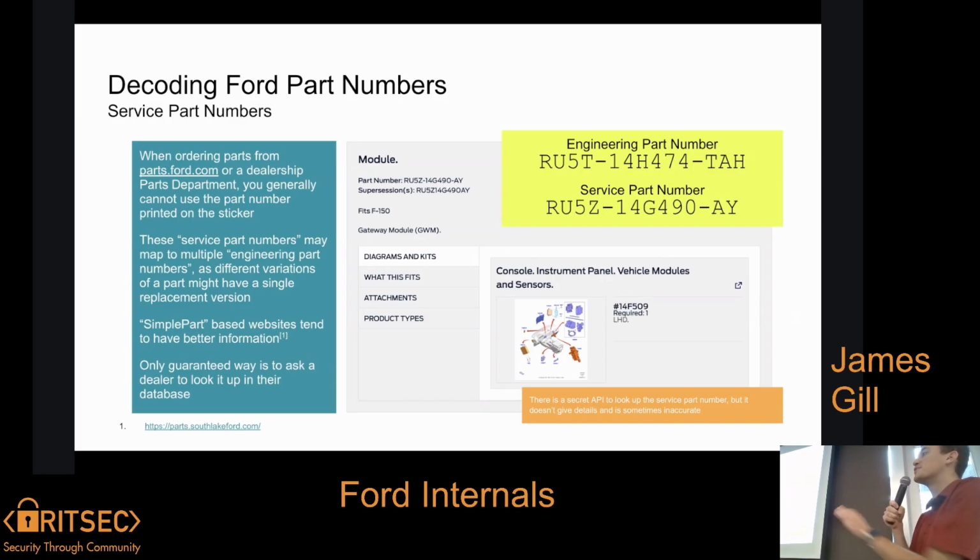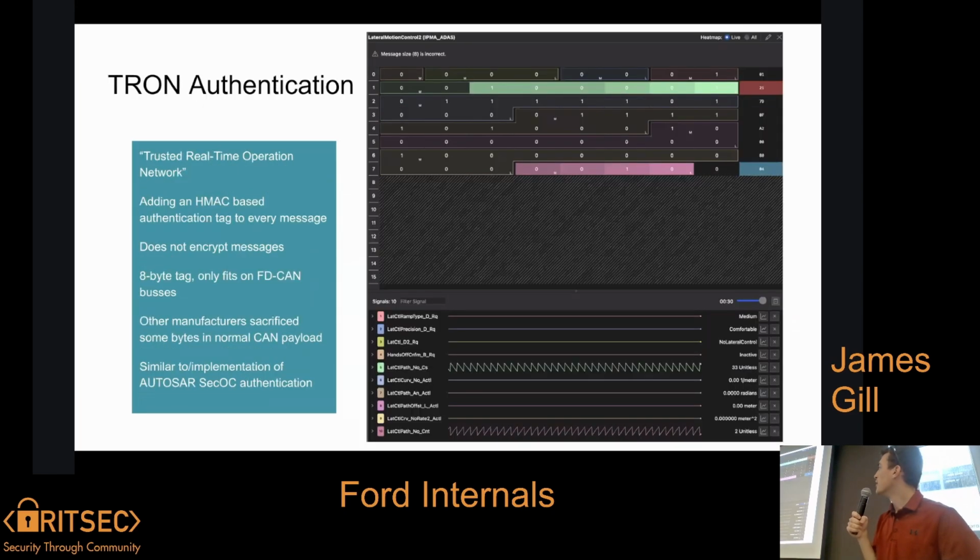They're two different part numbers for the same part sometimes. When you want to replace it and buy it, it's a different part number from what's actually written on the part. So you need this secret API to look up between the two different part numbers. Also, the parts websites based on this simple part thing are better than Ford's own parts websites sometimes. Don't really know why.